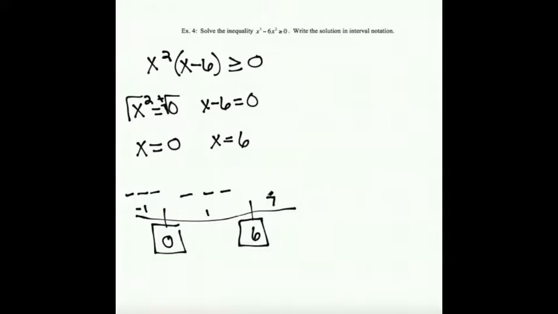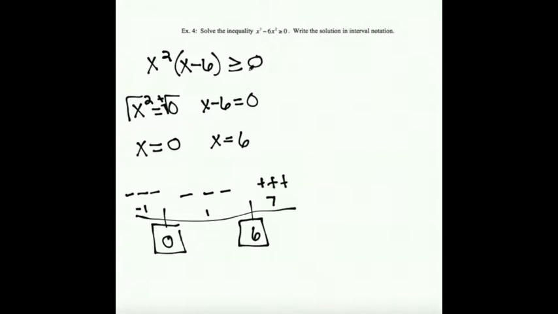And this last section, when I put 7 in, 7 squared is a positive, 7 minus 6 is a positive, and a positive times a positive is a positive. Notice that this time it didn't alternate, and that's okay. It's not always going to alternate signs.